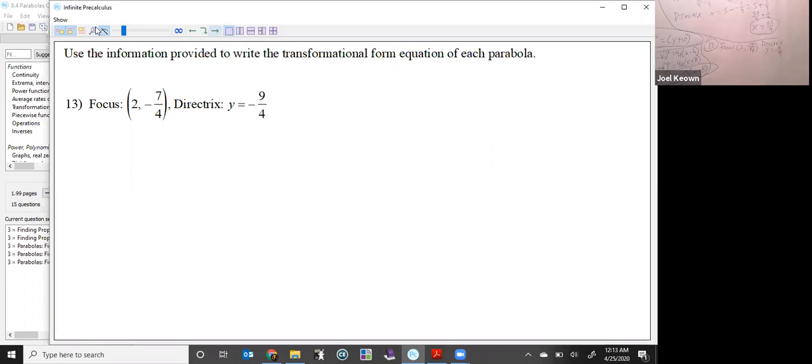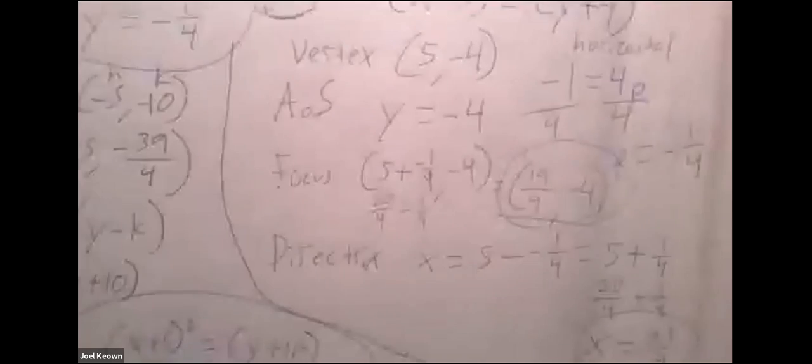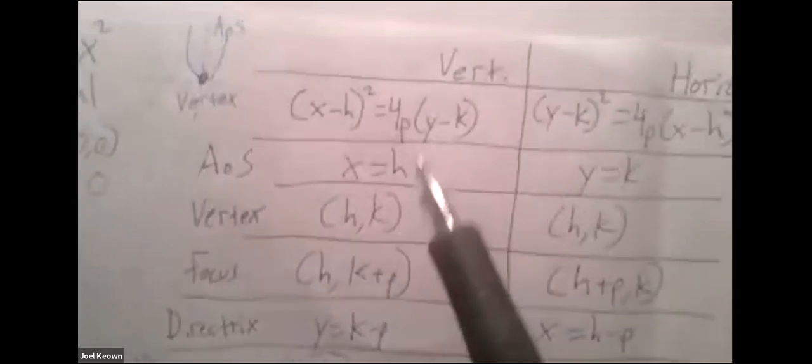Okay, so I see that my directrix is y equals. So if my directrix is y equals, I know that gives me a way to know which one I need. So this one is vertical.